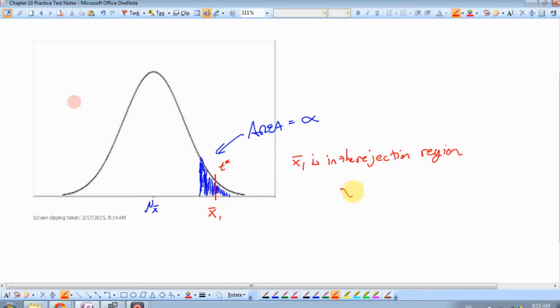Oh, it's not x bar, it's t star. Sorry. T star would be greater than that.